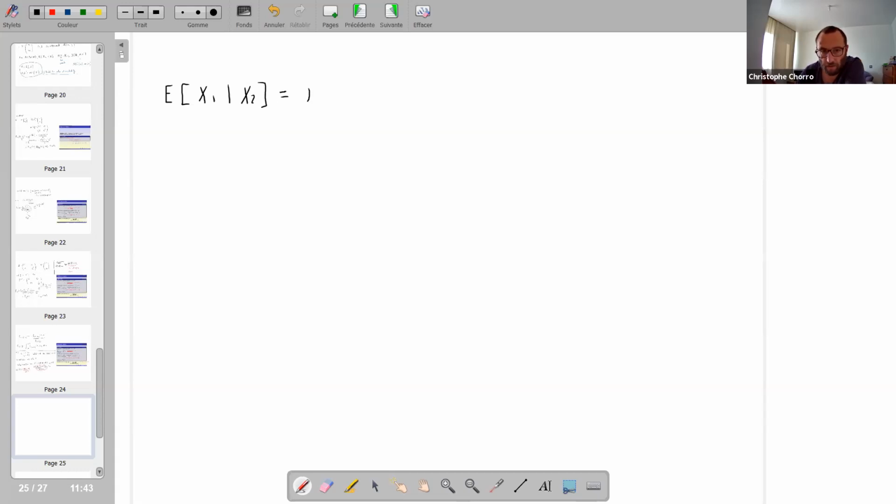It will be mu1 plus rho 1,2, and I will explicit all this term after, of sigma 1 over sigma 2, x2 minus mu2, where the vector of expectation for the vector x1, x2 is just mu1, mu2.